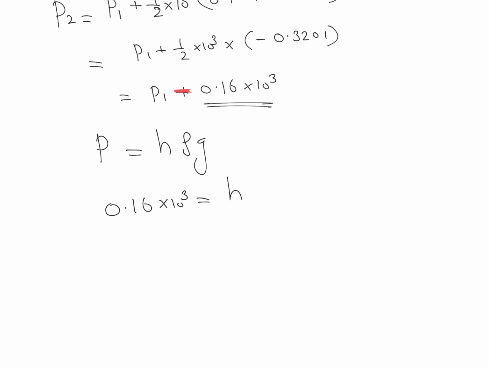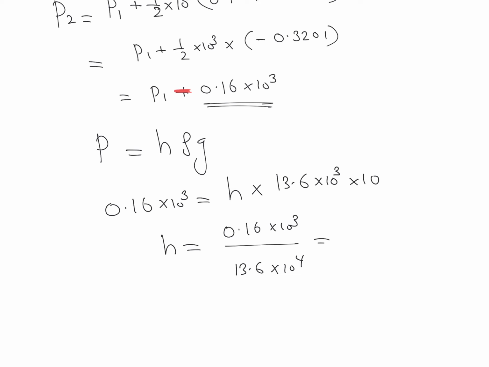Let's say H is the height of mercury column, and the pressure exerted by it is H into density of mercury, 13.6 into 10 raised to 3, into acceleration due to gravity, which we can take as 10. So H is 0.16 into 10 raised to 3 divided by 13.6 into 10 raised to 4.